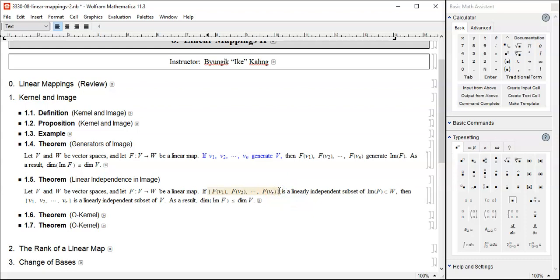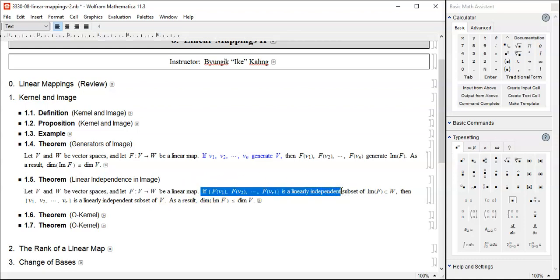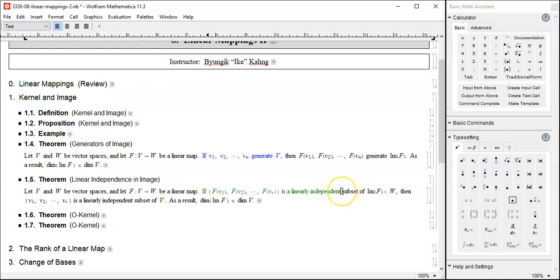If f of v1, f of v2, all the way to f of vr, the image vectors, form a linearly independent subset of the image space, then the original vectors v1, v2 through vr form a linearly independent subset of V. So it's backward. Here, the condition is about image vectors: if image vectors are linearly independent, then original vectors are linearly independent. In the previous theorem, if original vectors generate, then image vectors generate the image space.